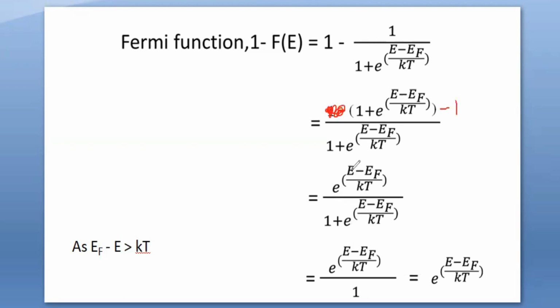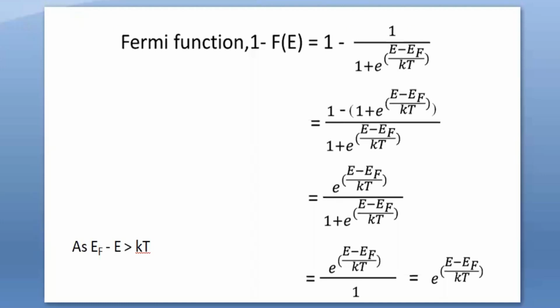Neglecting means it cannot be 0, but almost it looks like 0. So when compared to 1, this exponential can be neglected. Finally, it becomes e to the power of (E minus EF) by kT. So the Fermi function of the holes is equal to e to the power of (E minus EF) by kT.